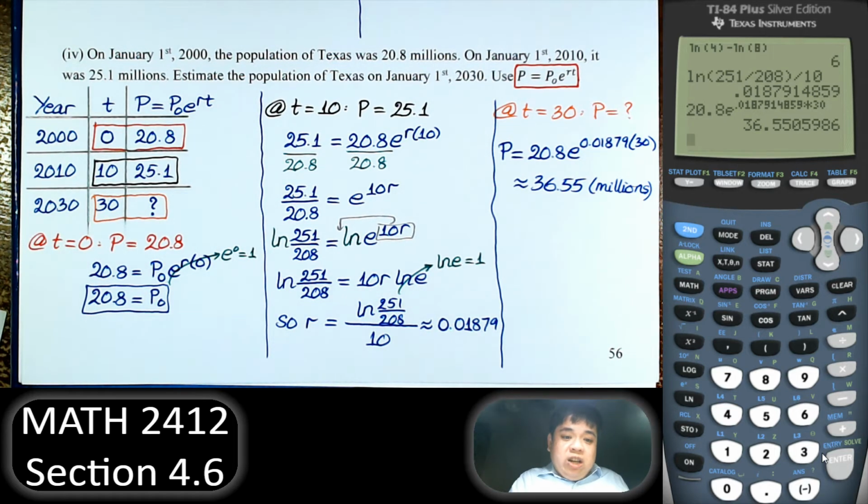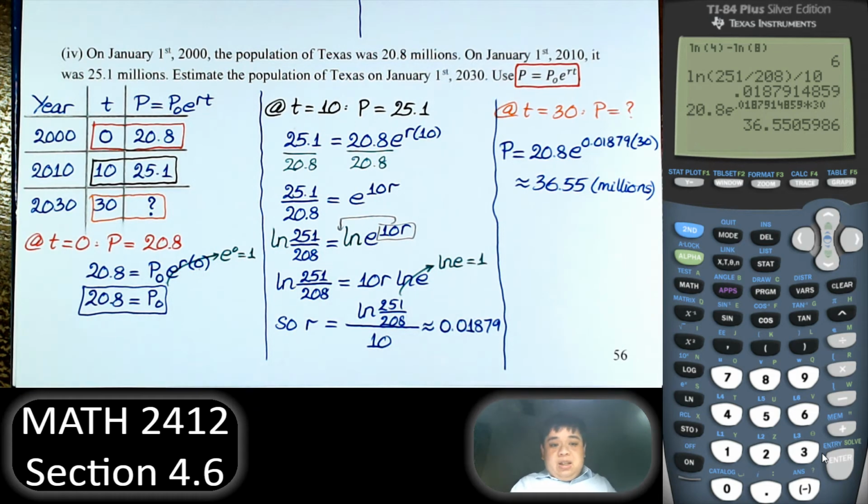So the population estimate in 2030 is about 36.55 million.